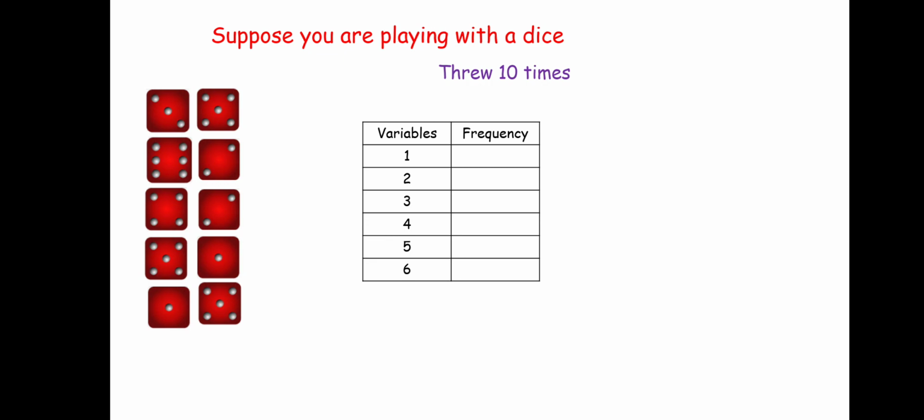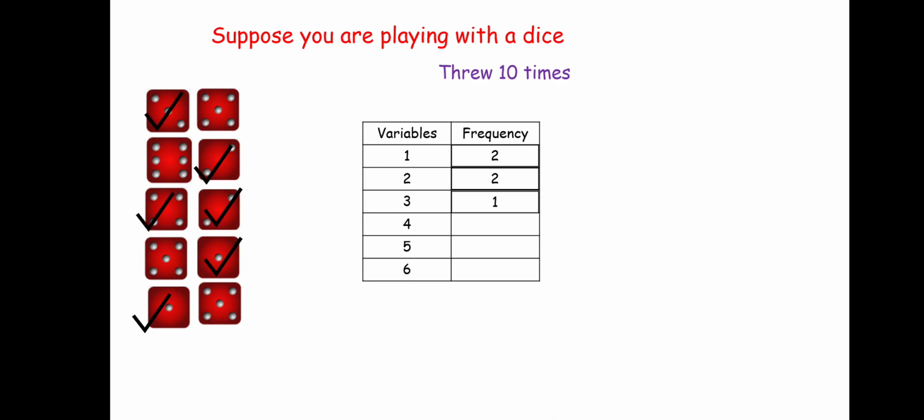Next we shall check the frequency, like how many times we got 1, that is 2 times. So we can write 2 as the frequency of getting 1. What is the frequency of 2? 2 times we got 2. What is the frequency of getting 3? Just 1 time.